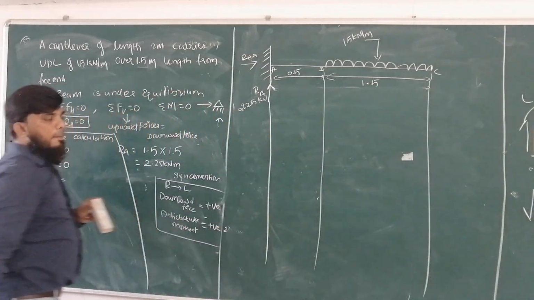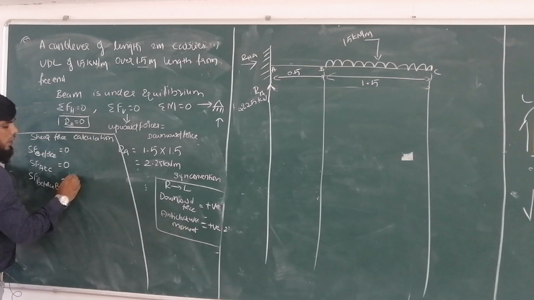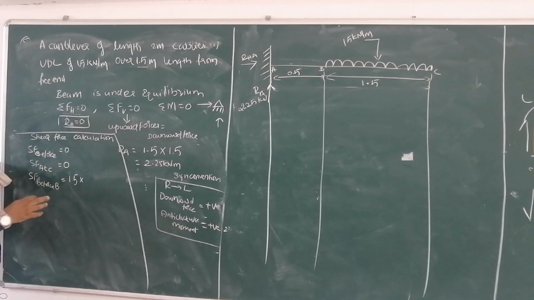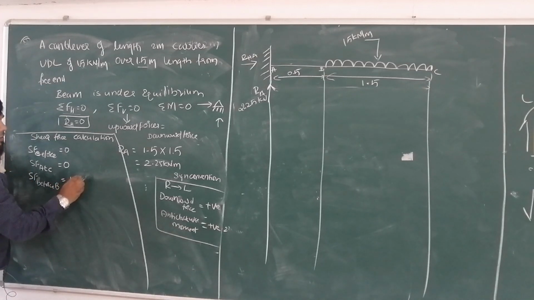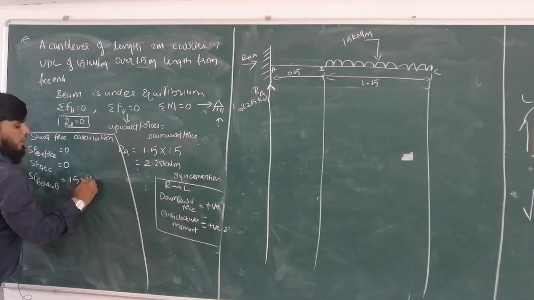Shear force before point B: the whole UDL is present. So whole UDL means you have to take 1.5 into the length of the UDL, because whenever a UDL is given, you have to remember load is equal to UDL into length of UDL. To the right of point B we have a UDL of 1.5 and the length of UDL before point B is 1.5.